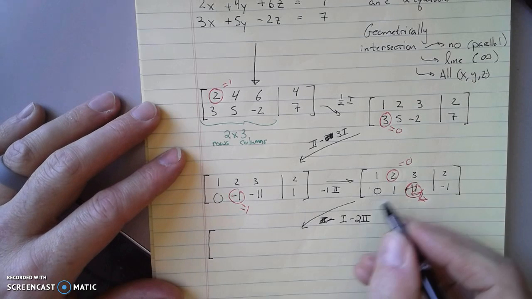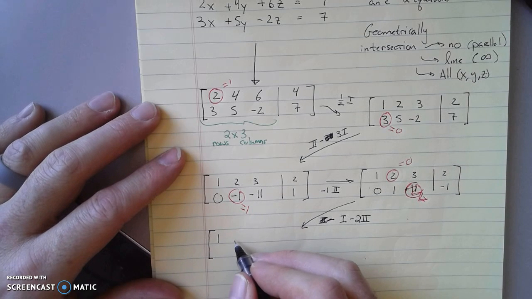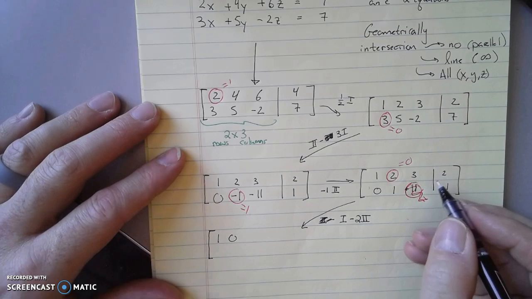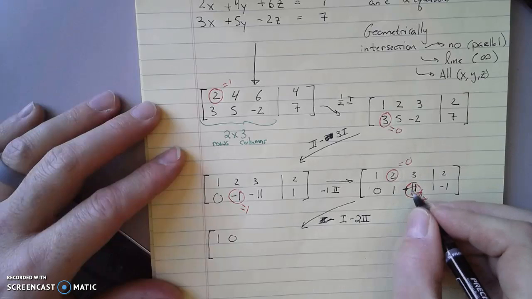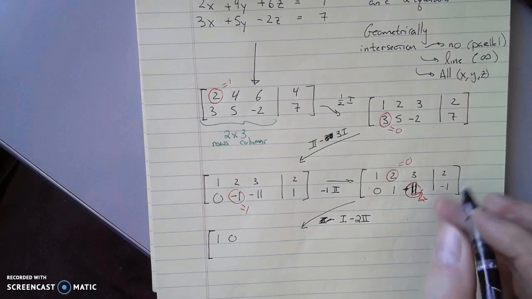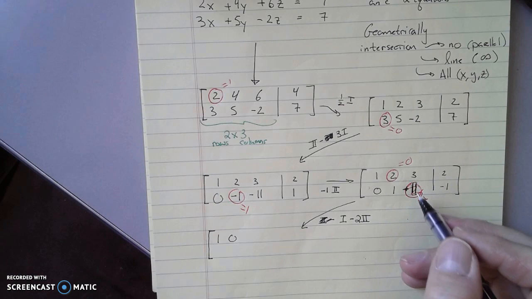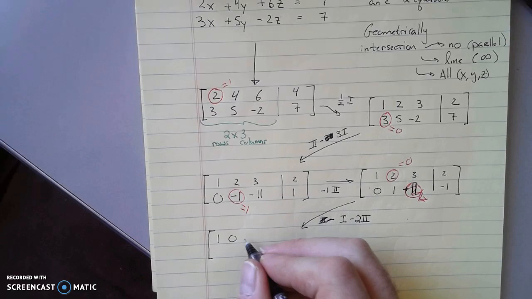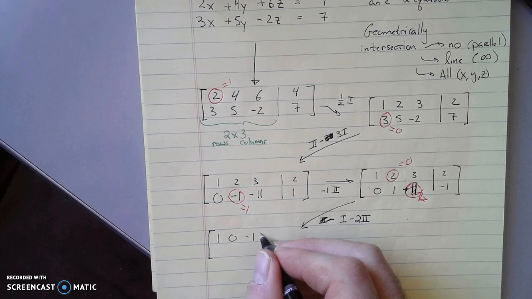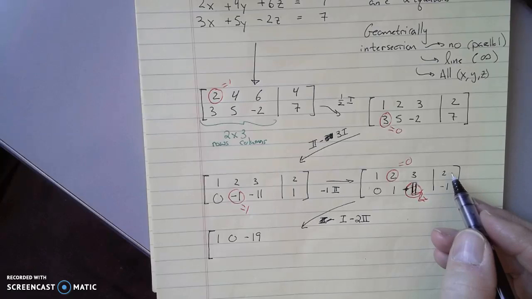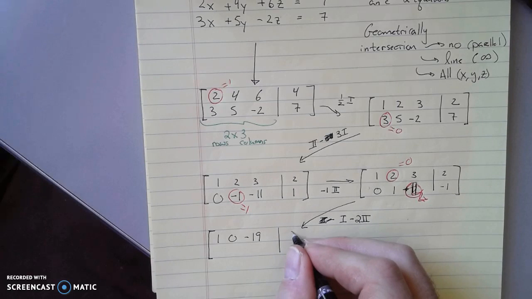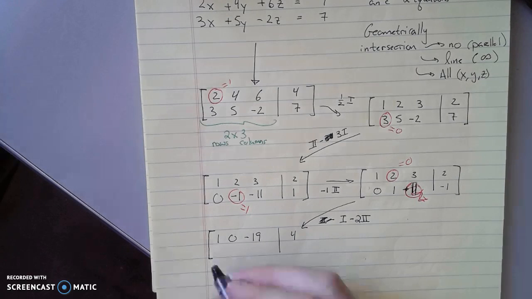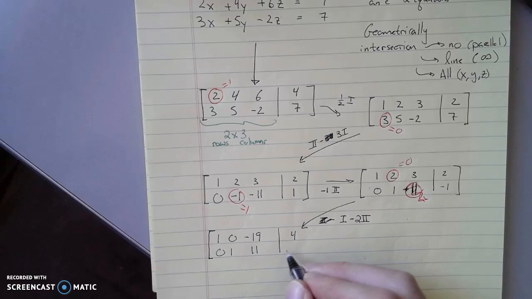So that's 1 minus 0 is 1, 2 minus 2 is 0. This should be a positive 11. Excuse me. So 3 minus 22 is minus 19. And then 2, this is a minus minus, so this will be a 2. So it's 2 plus 2 is 4. Then we'll have 0, 1, 11, minus 1.